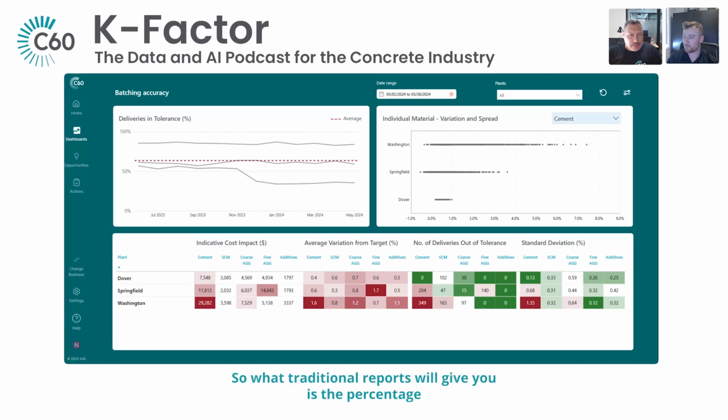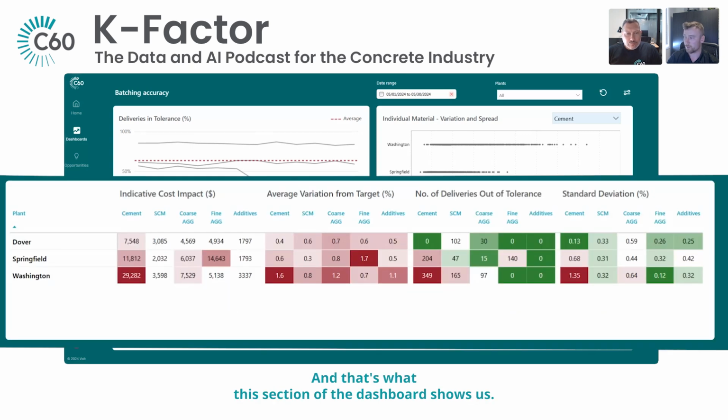Yeah, so what traditional reports will give you is the percentage of over or under batching of materials. What it tends to not show the producer is how much that is costing you and your business. That's what this section of the dashboard shows us. It'll show us on a per plant basis and by the different material types how much money it is costing the producer in either over or under batching. So you can see in this example at the Washington plant, they're over batching cement by 1.6% on average.